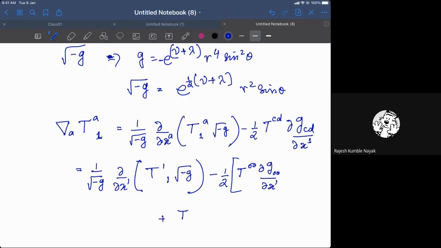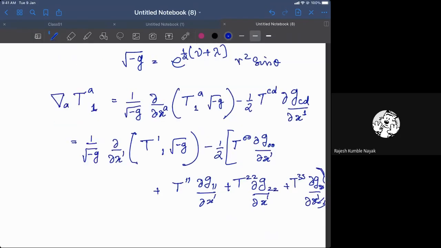Then T^{11} ∂g_{11}/∂x1 plus T^{22} ∂g_{22}/∂x1 plus T^{33} ∂g_{33}/∂x1. x1 is basically r, so this whole thing has to be calculated.